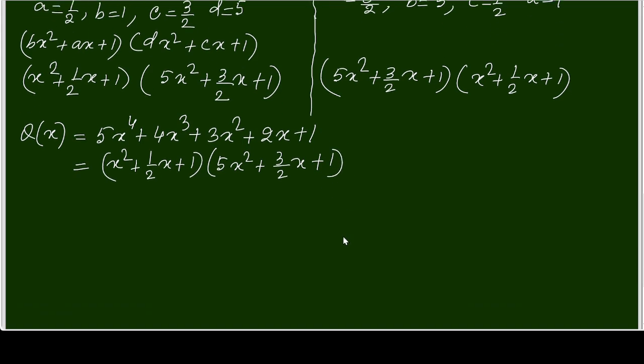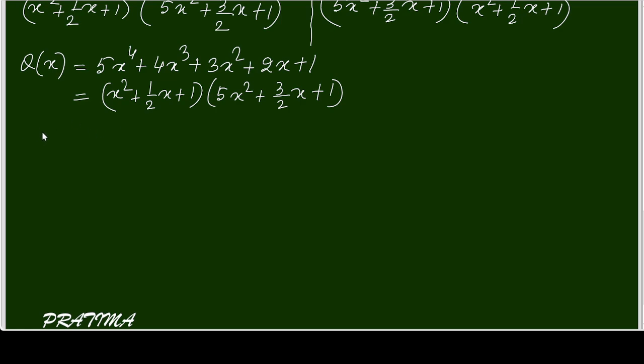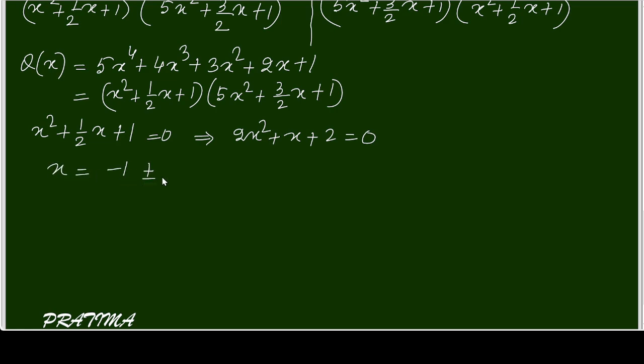Now solving this to find the roots. First is, when I'm taking x square plus half x plus 1, either this equals 0, or I'll get 2x square plus x plus 2 equals 0. That time x is equal to minus 1 plus minus square root of b square minus 4ac, 1 minus 4 times 4, over 4.